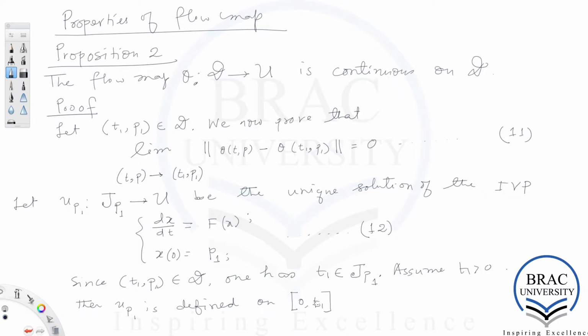Consequently, by the extensibility lemma, u sub p1 is also defined on [0, t1 plus delta 1] for some positive delta 1.